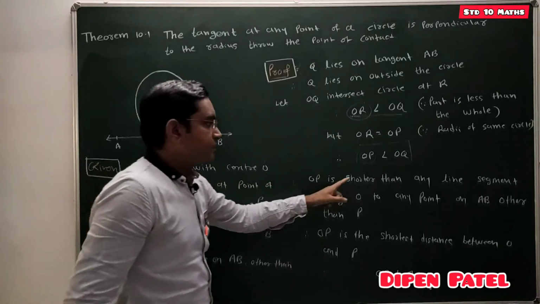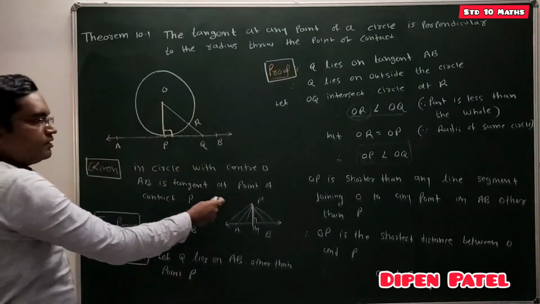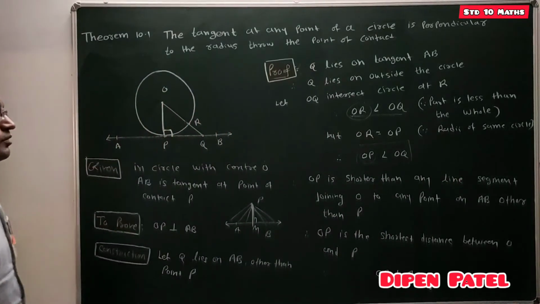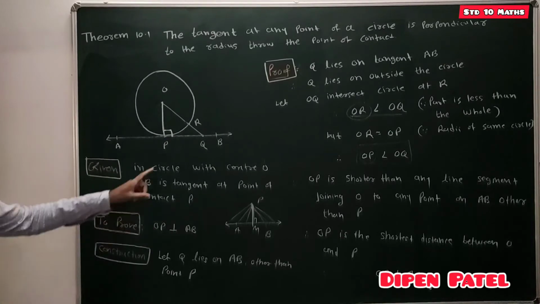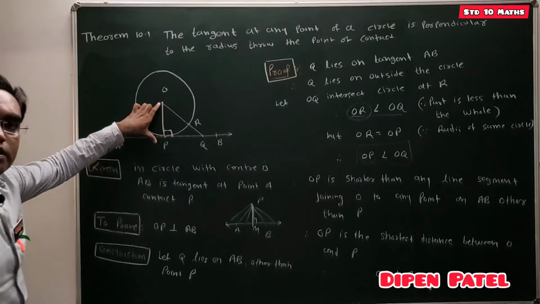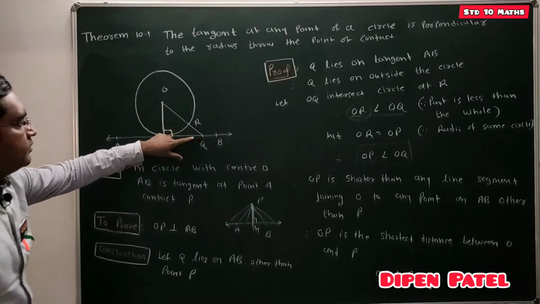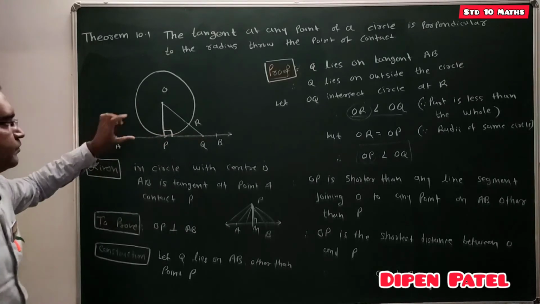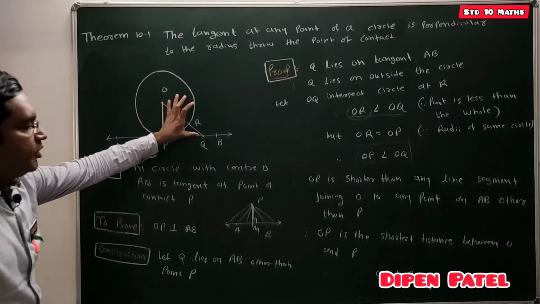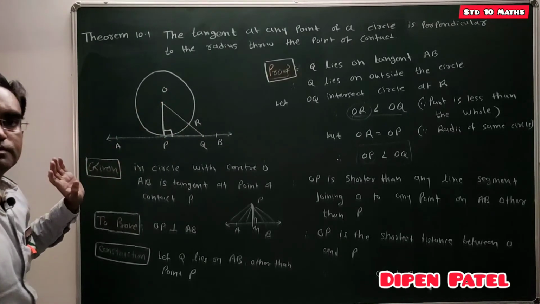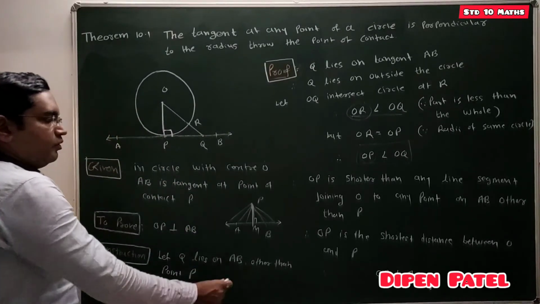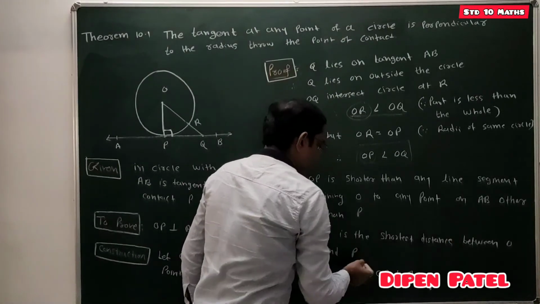So we can say that OP is the shortest distance. Right? OP will always be shorter than any line segment joining point O to any point on AB other than P. This line segment OP will always remain shorter than any line segment joining O to a point on line AB except this point P. That is, OP is the shortest distance between the center and the line.